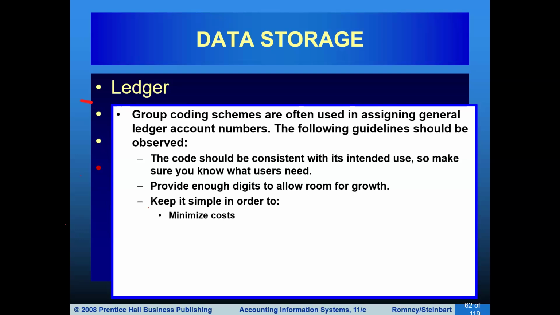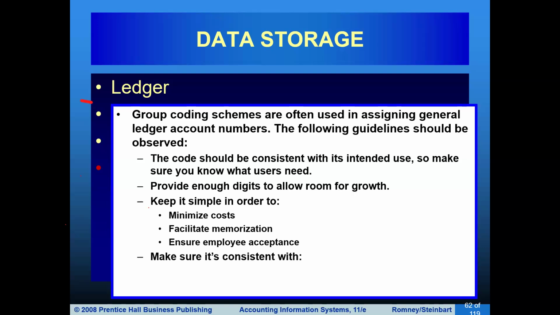Provide enough digits to allow room for growth. Keep it simple in order to minimize cost, facilitate memorization, and ensure employees' acceptance. Make sure it is consistent with the company's organization structure, and other divisions of the organization.